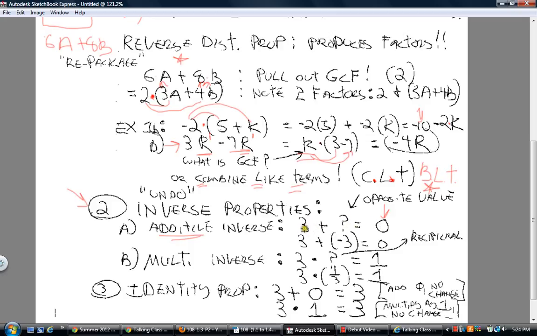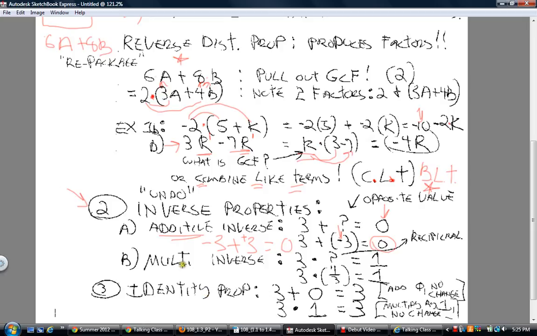If I got $3 in my wallet and I go to Sonic and I buy a $3 limeberry cream slush, I owe the cashier $3, and when I pay it, what am I left with in my wallet? 0. So the additive inverse of 3 is the opposite, -3. And it would go the same way. If I had -3 and I said add it to what will produce a 0, you would put a +3. So it's always the opposite sign. See the -3 and a +3?